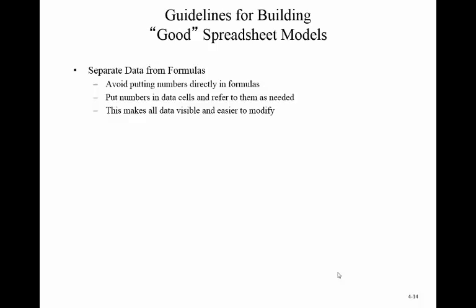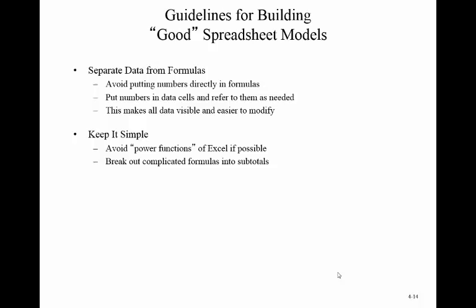So again, keep those separate. And also, it's easy when you use some of the auditing tools to look at the formulas. You're looking at sort of English language descriptions of the various components of a formula, rather than a bunch of numbers that would make you rely on what they actually stood for.